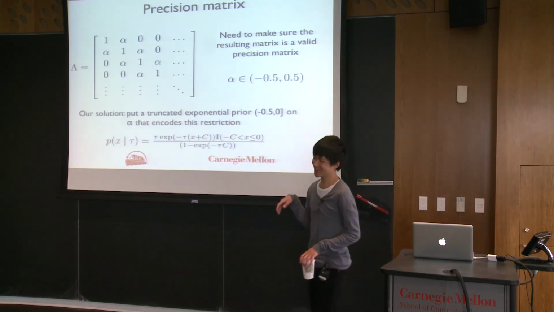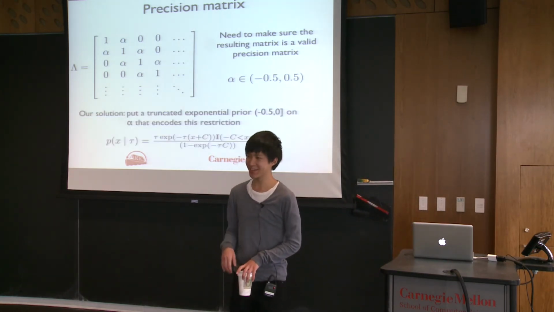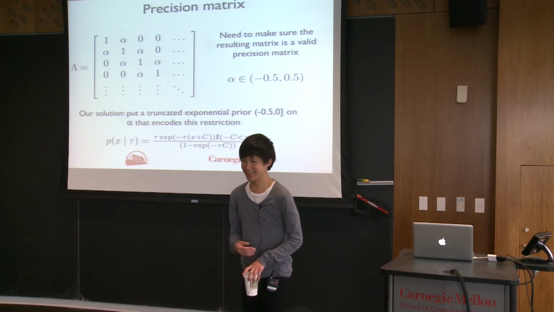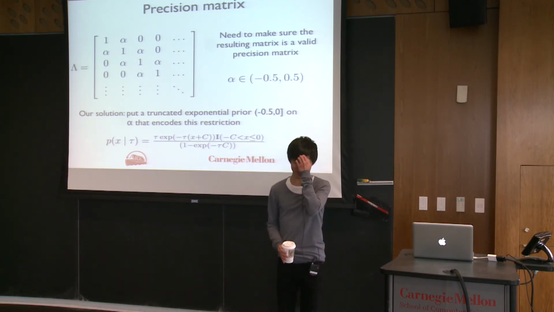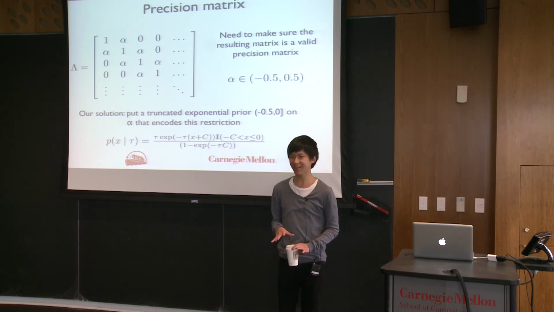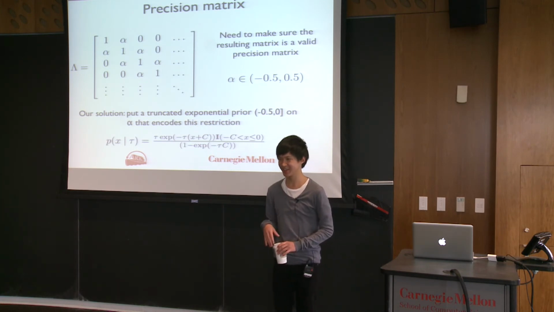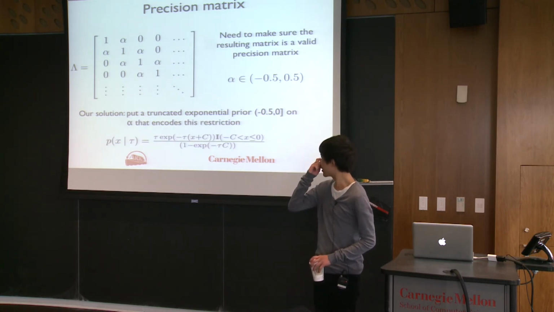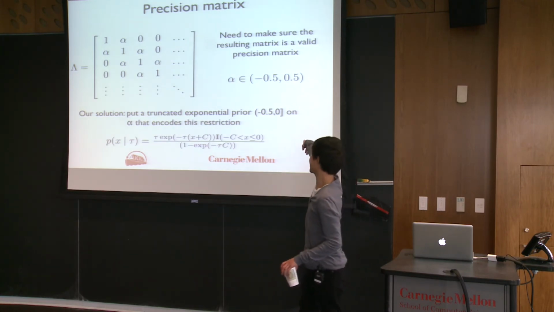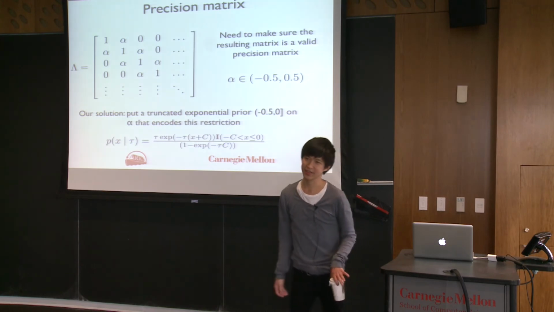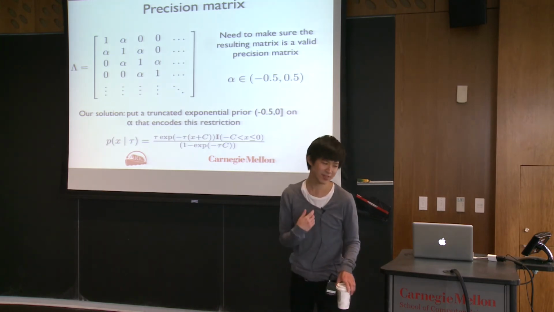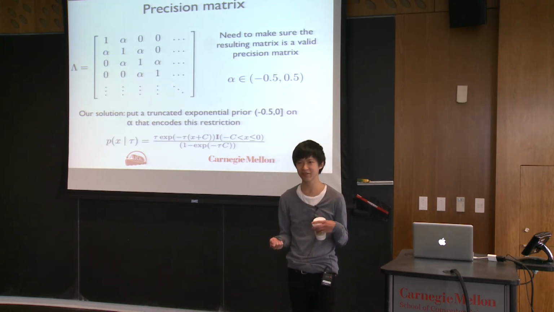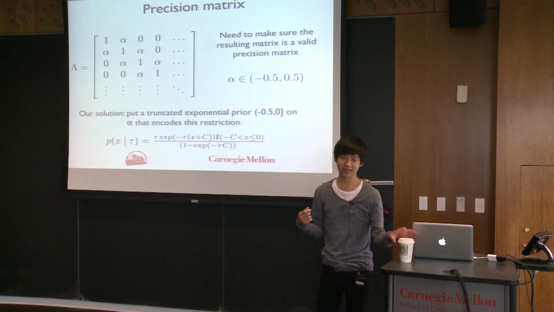We choose to put another prior on top of alpha and marginalize it out during inference. We use a truncated exponential distribution for the prior of alpha. Specifically, we just use the range between -0.5 and 0, because we want positive correlations between features at adjacent time steps.